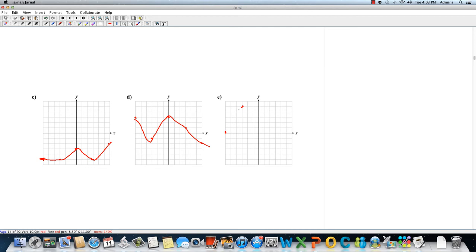Third value is 0 plus half of -3, which is -1.5. So roughly here. The fourth value is 2 times 2, so 4, plus 1/2 of -3, which is -1.5, giving you, again, the value at 3.5.